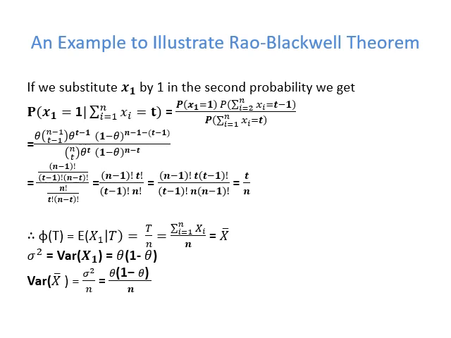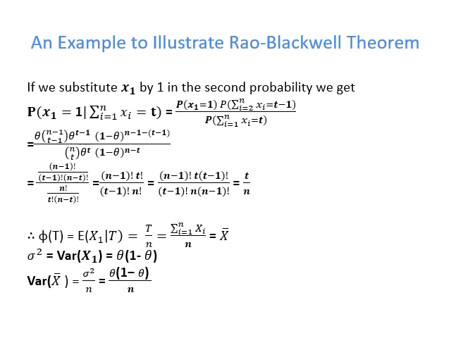Now we want to simplify the numerator and the denominator. First of all, we notice that theta and theta power t minus 1 will give theta power t. So in the numerator, theta power t will cancel with theta power t in the denominator.